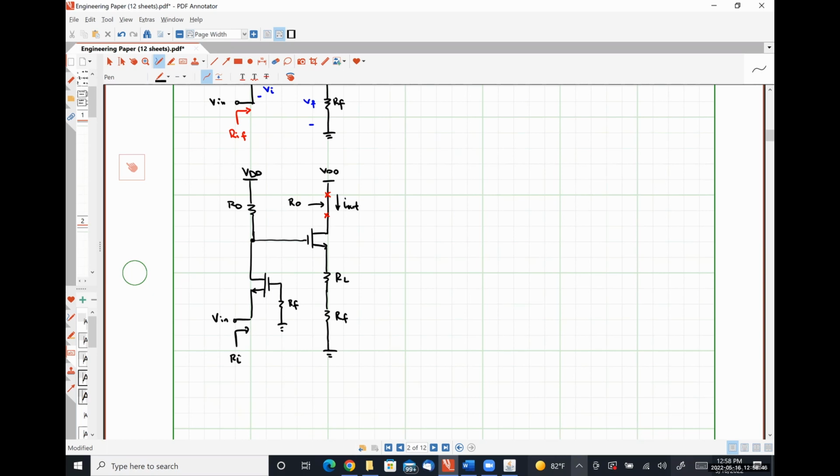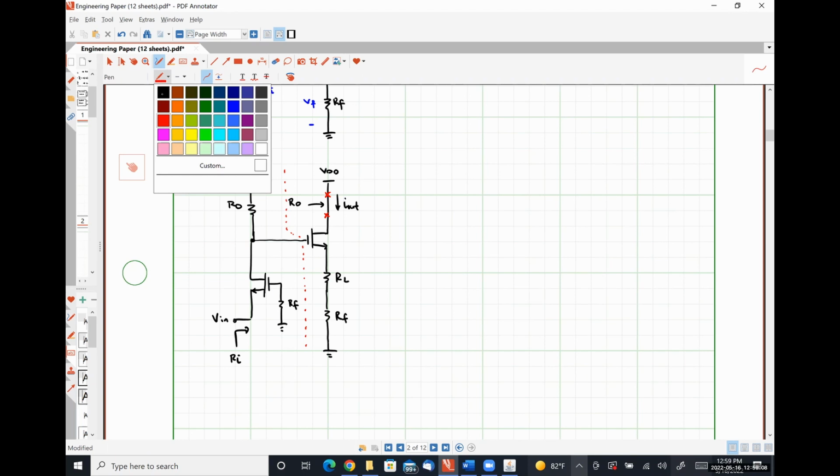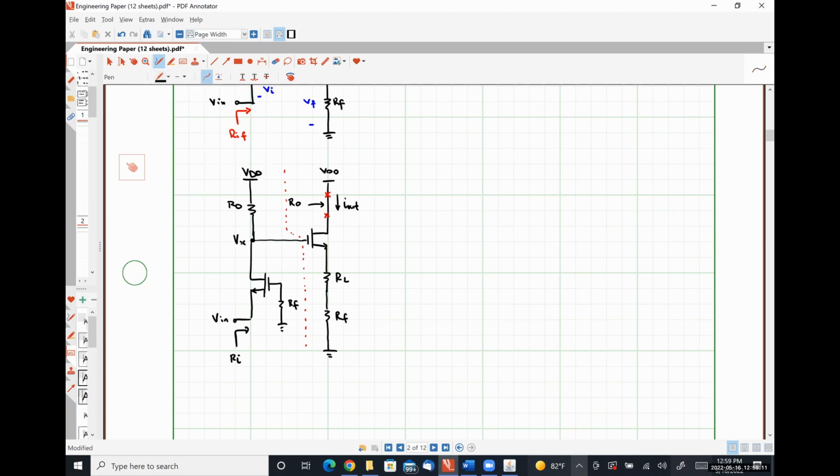Okay. So what I'm going to do is I'm going to split this up into two circuits. Okay. Where this voltage Vx serves as the output of the left-hand portion, and it serves as the input of the right-hand portion.